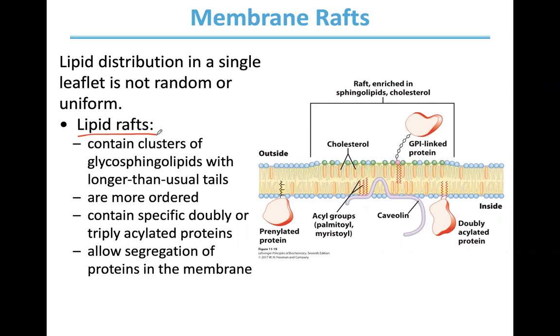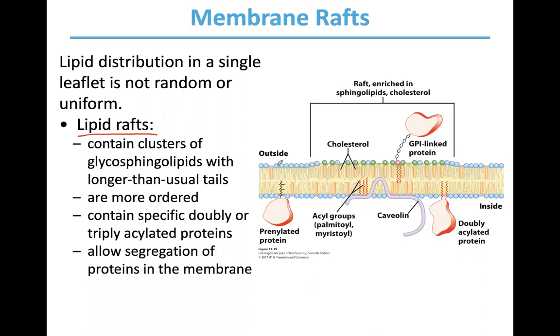For a long time, this was actually a very hot area of research. And specifically, these are clusters of sphingolipids with longer than usual tails. So you can see, the lipid raft will be here. Lipid raft will be here.